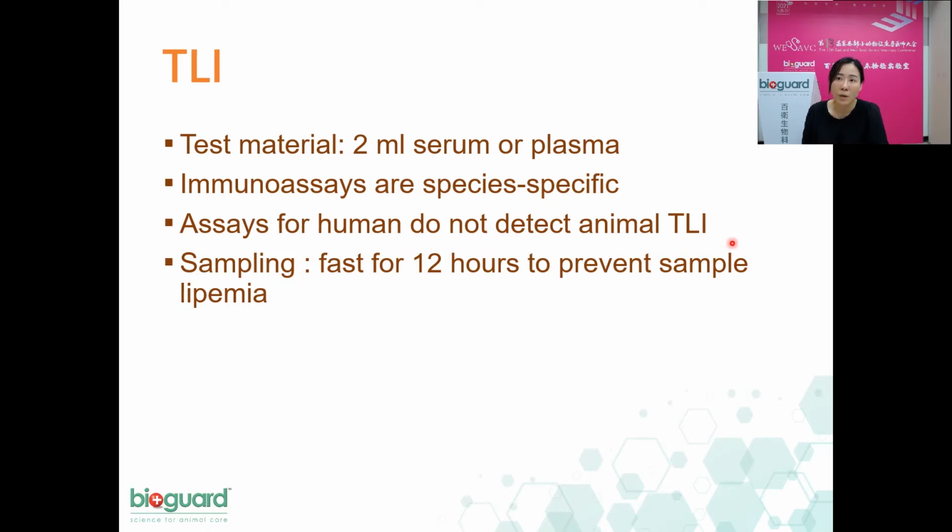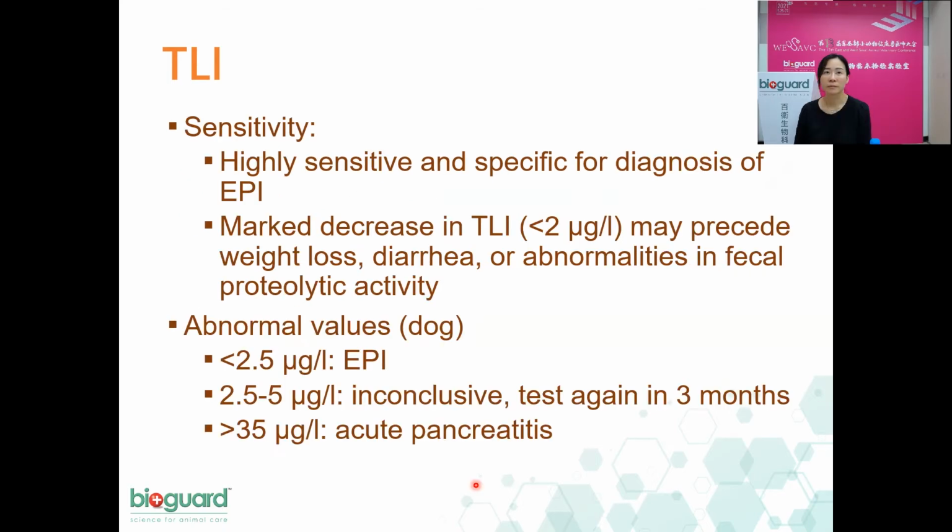It will lead to an incorrect TLI value and misinterpretation. So we will collect the serum, and these animals will need to be fasted for 12 hours to prevent sample lipemia. Then we will collect this serum for the TLI assay.